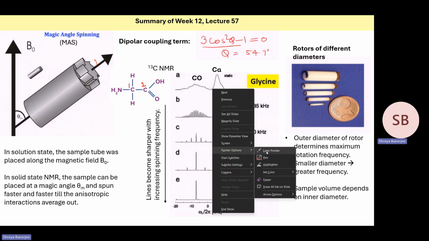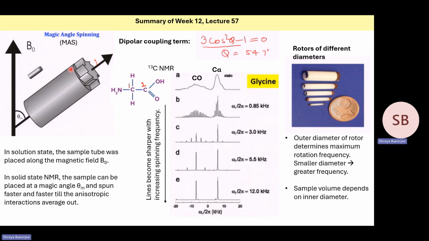Now slowly the speed of rotation of this rotor is increasing. You can see omega is the rotational frequency, and it's just given by 2 pi times a constant, and you are increasing the frequency from 0.85 to 3 to 5.5 to 12 kilohertz.